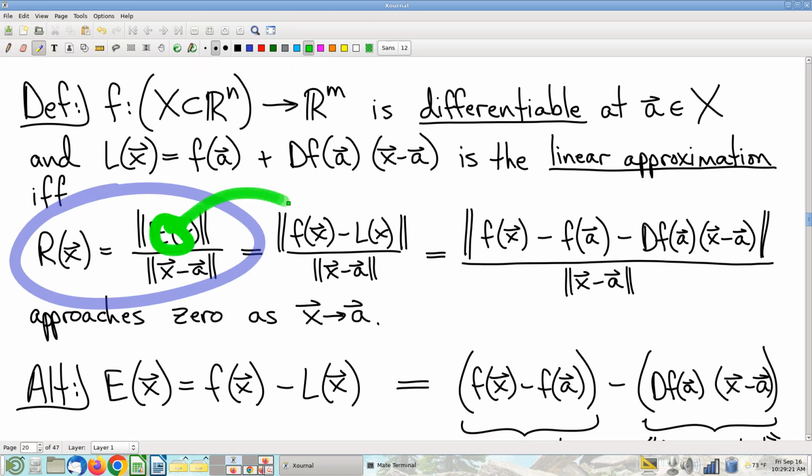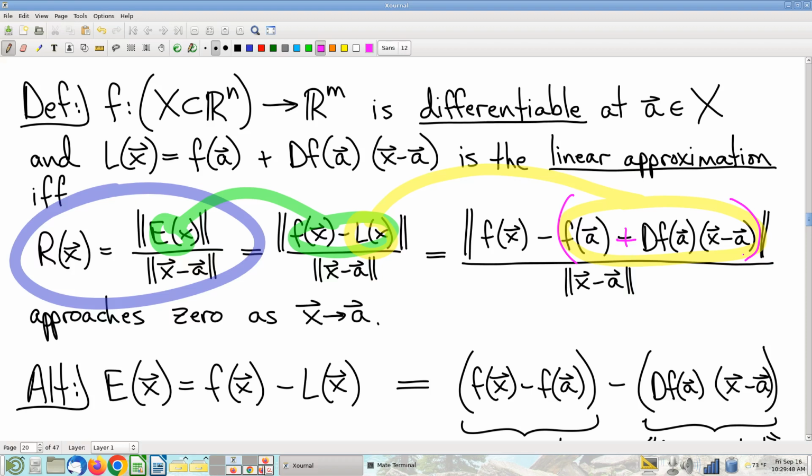Recall that error is actual value minus estimated value. Recall that estimated value, there's a bunch of details in here, is the linear approximation, our candidate linear approximation, which of course I'm going to have to edit how I wrote that down just because of parentheses and all.